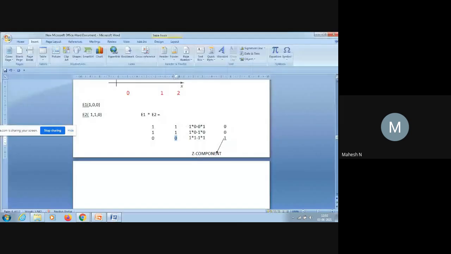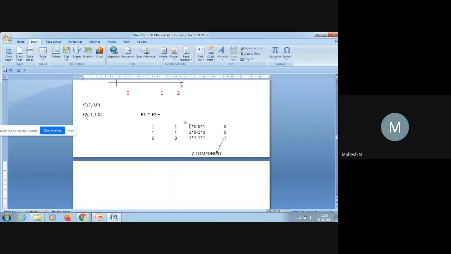Okay, fine. So how will you find E1 cross E2? My first edge is 1 1 0, and the second edge is also 1 1 0. Now how do I get the first row, that is the x component? It is multiplying the second and third row elements. I will take the first column of the second row and multiply it with the second column of the third row: 1 into 0.